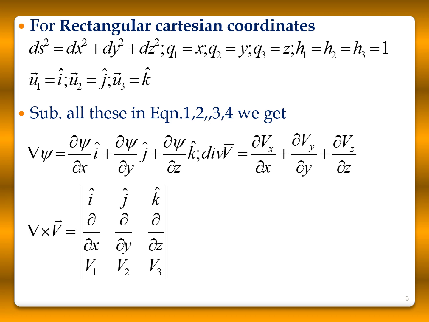Similarly, divergence of v is dou vx by dou x plus dou vy by dou y plus dou vz by dou z, where you are writing v as vx i vector plus vy j vector plus vz k vector. Instead of 1 2 3 you are writing x y z. Similarly curl is the determinant with i j k, dou by dou x, dou by dou y, dou by dou z, and v1 v2 v3. Otherwise you can write vx vy vz also.